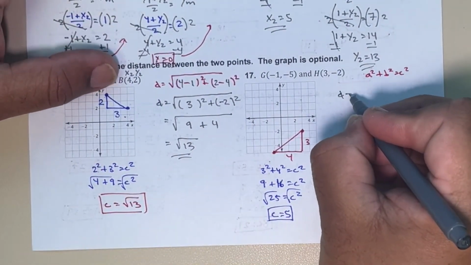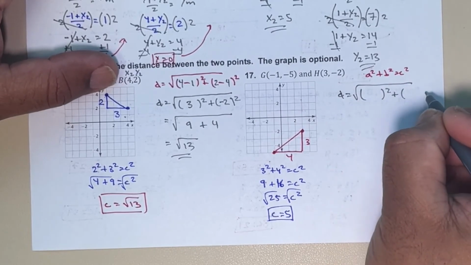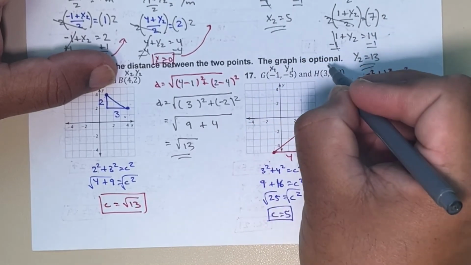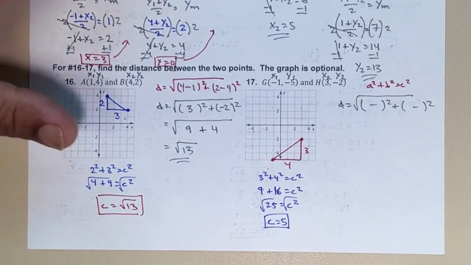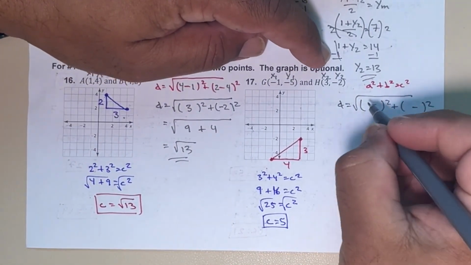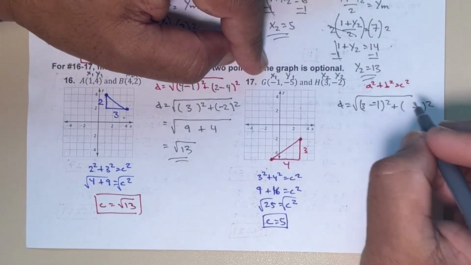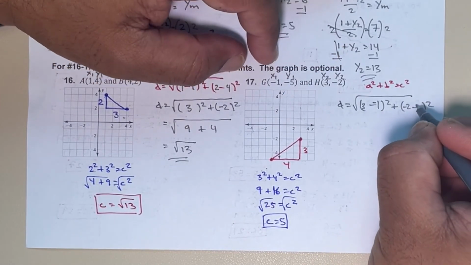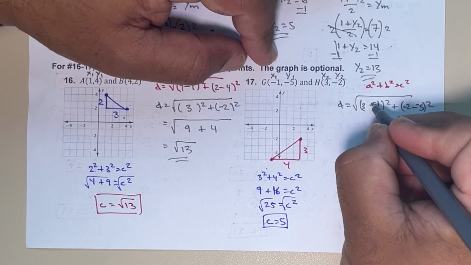Then I can use the distance formula. I've got my x1, y1, my x2, y2. Put my minus signs in there before I forget. I've got x2, which is 3, minus x1. Then I've got my y2 minus my y1. Lots of negatives there. Negative negative is a positive.